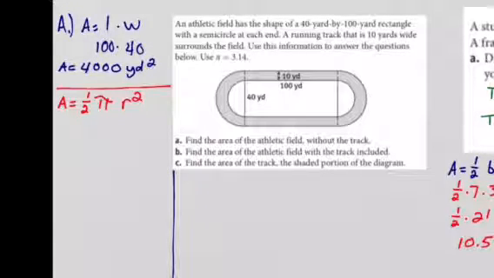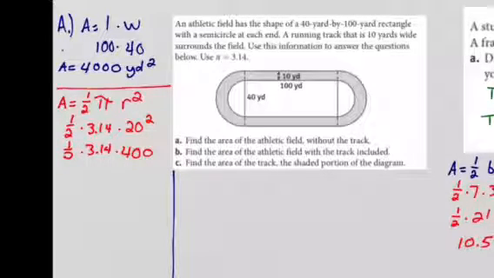So when I write this out and I substitute in the correct numbers, it would be 1/2 times 3.14 times 20 squared. And of course, 20 squared is 400, 20 times 20. So I'll write 400 there times 3.14 times 1/2.